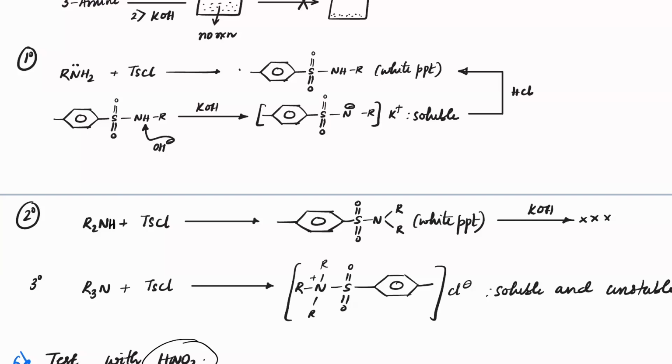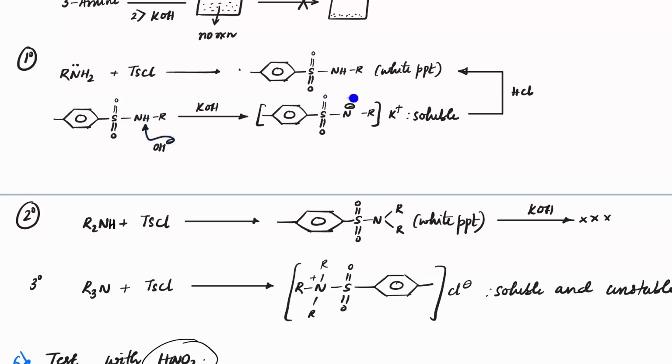Right. So if it is a 1 degree amine, as you react with TsCl, the lone pair attacks the tosyl chloride, removes the chloride, and you will get a white PPT here first. And see this, that white PPT, when you treat with KOH, because the amide has an available hydrogen, it can be removed.